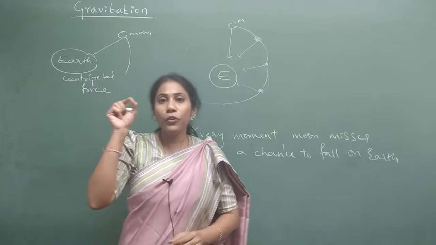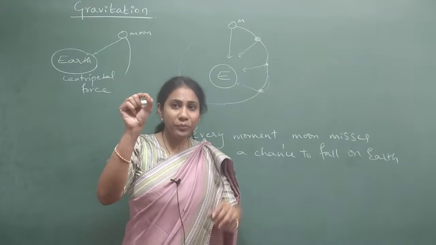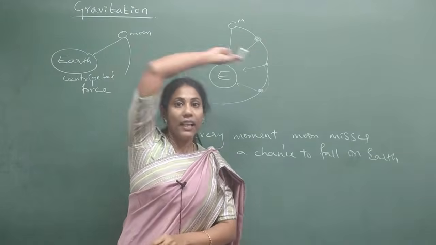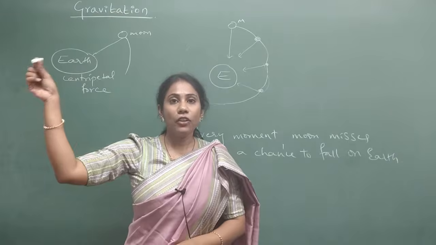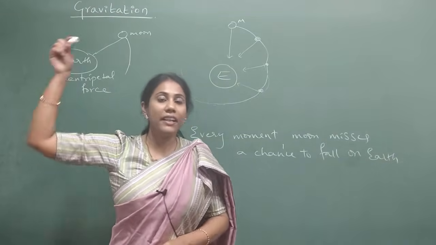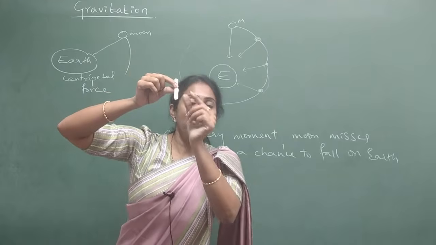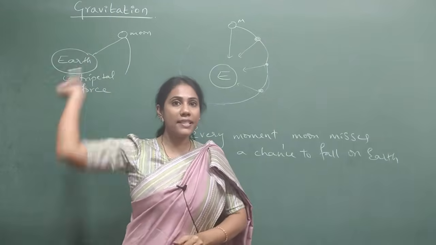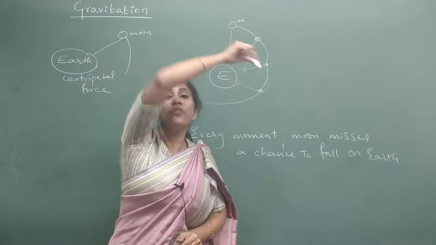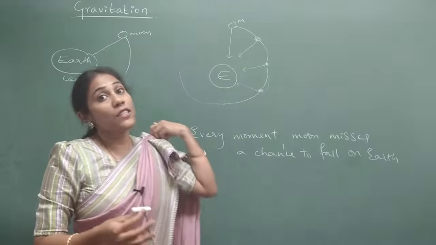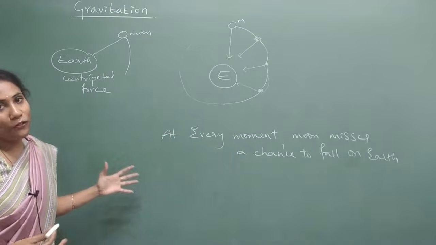See, for example, if you tie this chalk piece with a thread and rotate it, how does it get rotated? It rotates in a circular manner, right? So the strength of the thread will hold the chalk piece and allows it to move in a circular manner. That kind of force is what we mean by centripetal force.